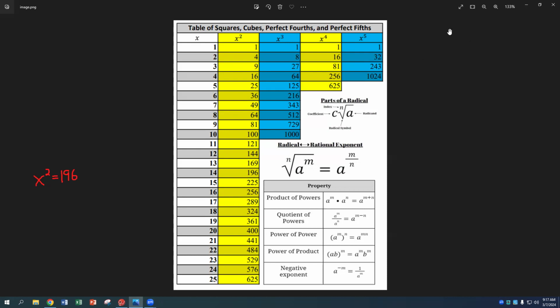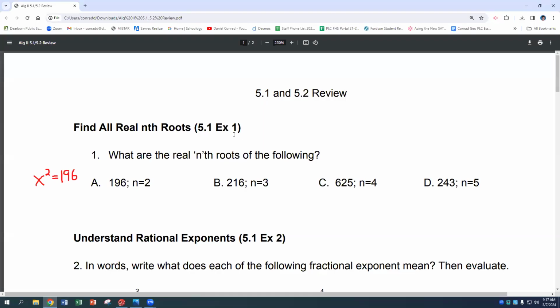It could also be negative 14, because negative 14 squared is also going to give us 196. 14 squared equals 196. But negative 14 squared, negative times negative is positive, so we get positive 196. So it's 14 and negative 14.